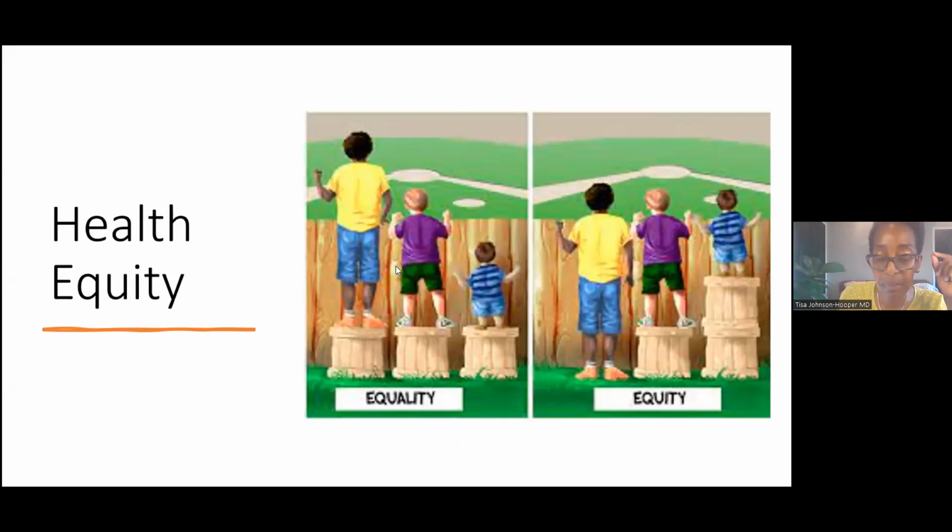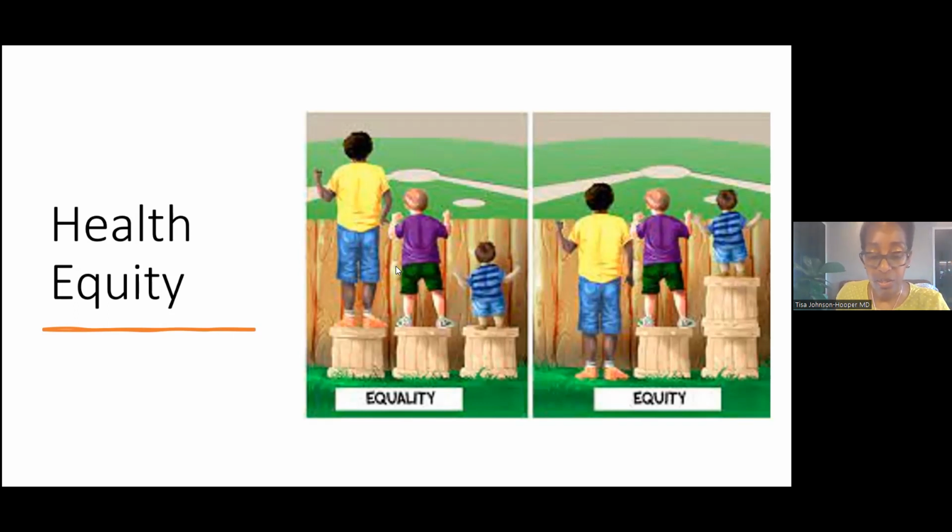In fact, by identifying and addressing the social determinants of health, health disparities that are rooted in social and economic disadvantages will decrease and health equity can be achieved.